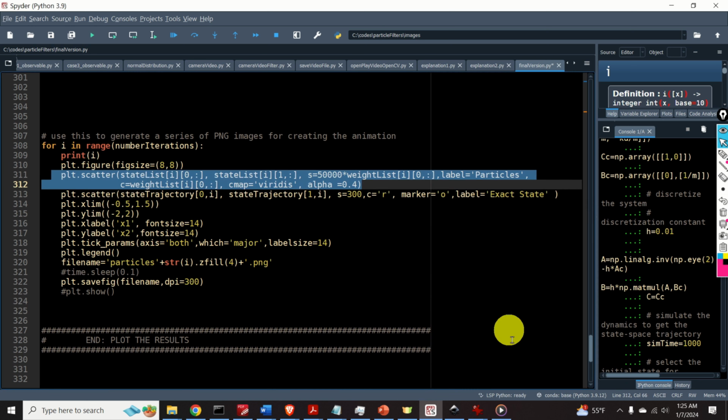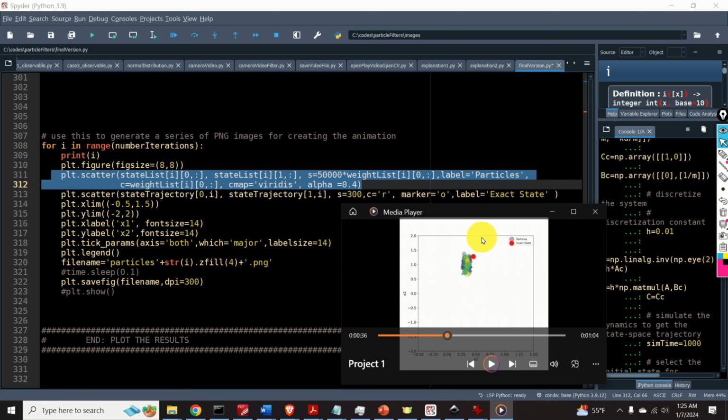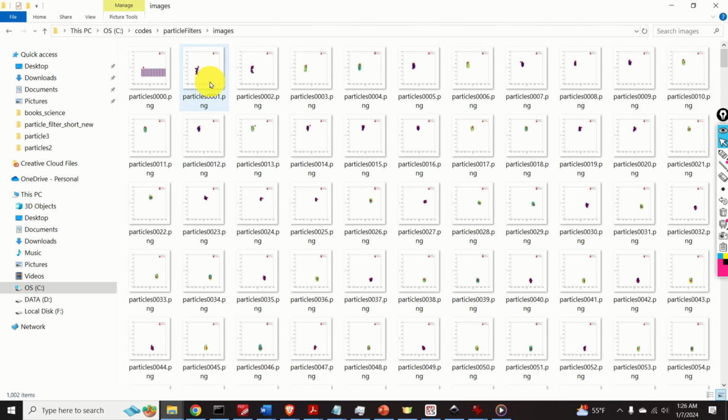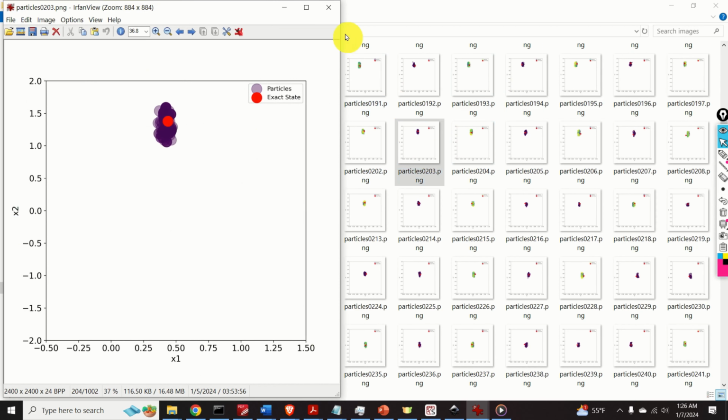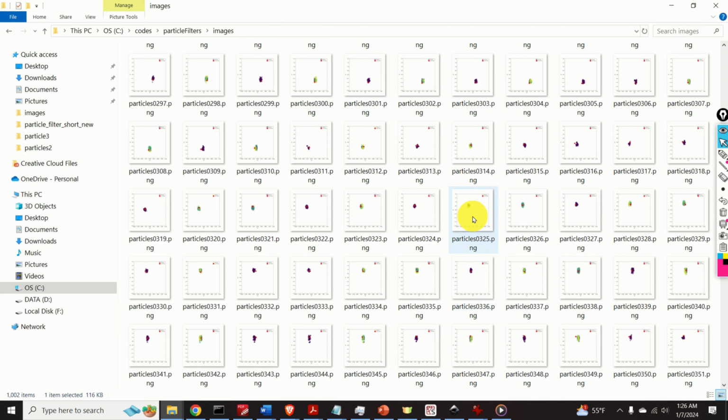This part over here is used to generate the particles. Over here we set x and y limits, we set the labels, and we set the size. And finally, we save the figures. By running this for loop, you will obtain a set of 1000 PNG images.